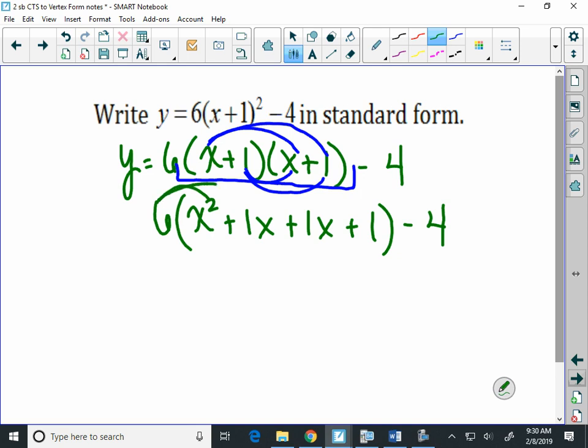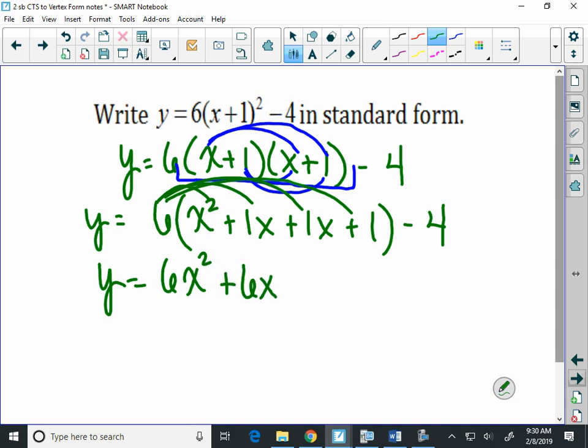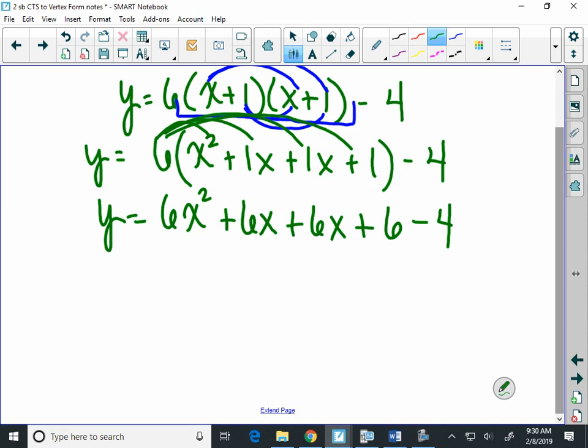Now what has to happen to put this back into standard form is we need to multiply all of those values by 6. So we're going to have 6x squared plus 6x plus 6x plus 6. And don't forget the minus 4 at the end.